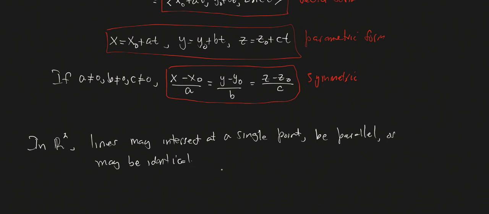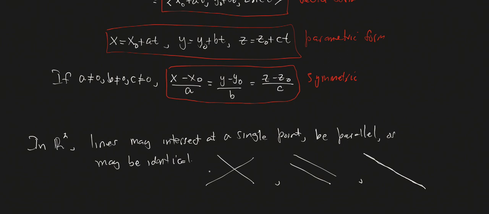So in other words, graphically, if I graph the equations of two lines, either I will see this, or this, or I'll see something like that.